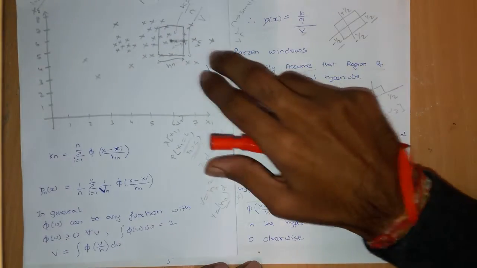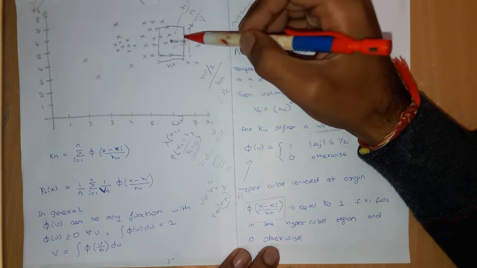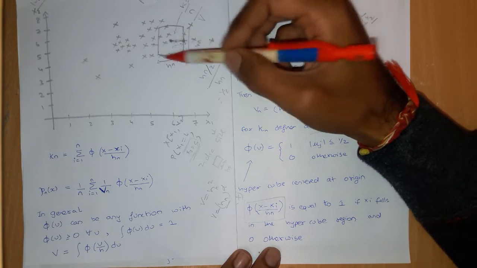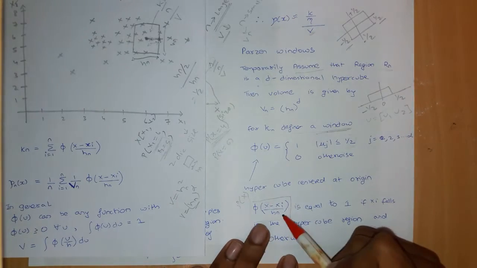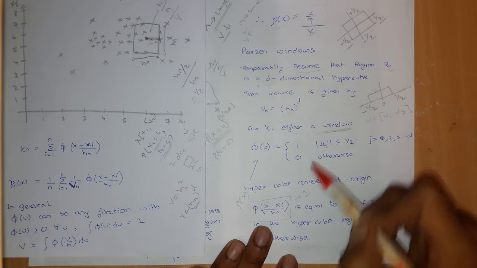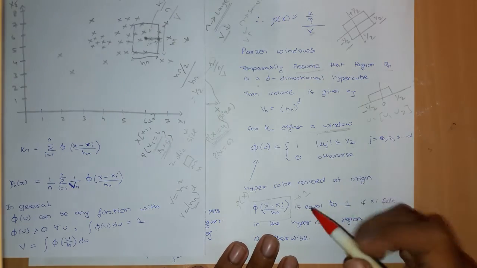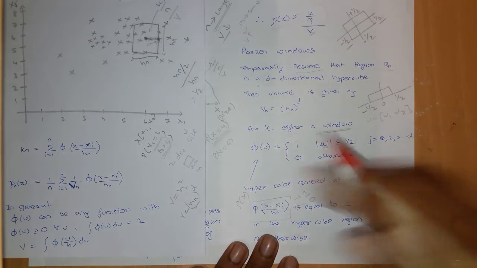After this, for all those samples which are inside the region, you will have the value of this particular function as 1, and for all those that are outside, you will have the value as 0, because I've defined the function like that.